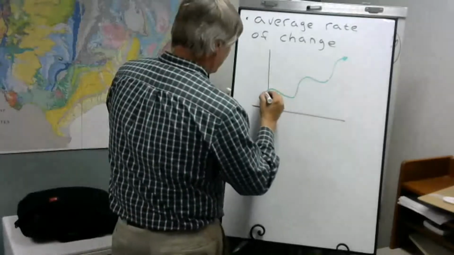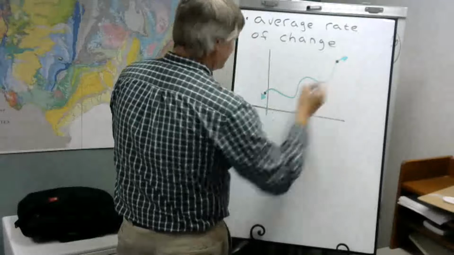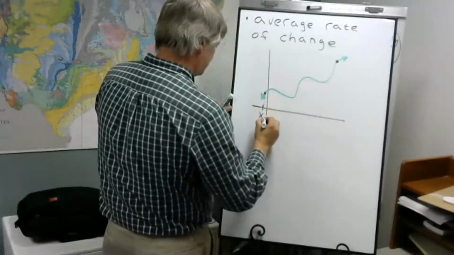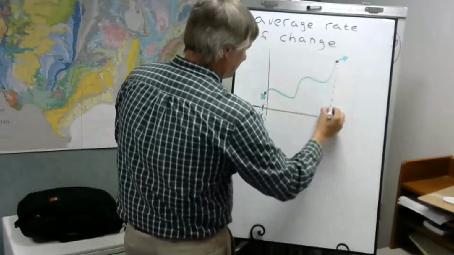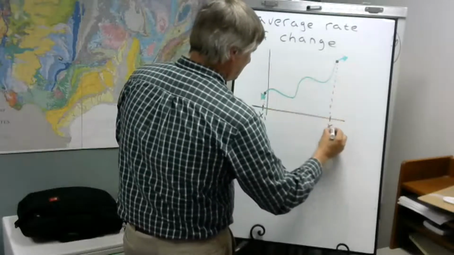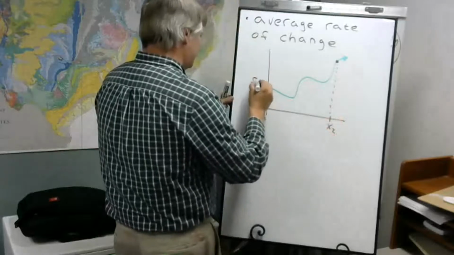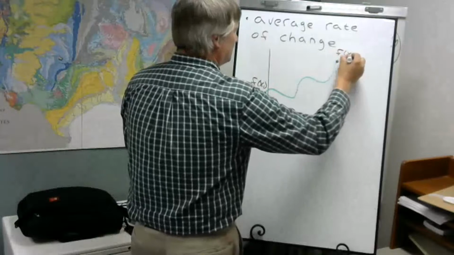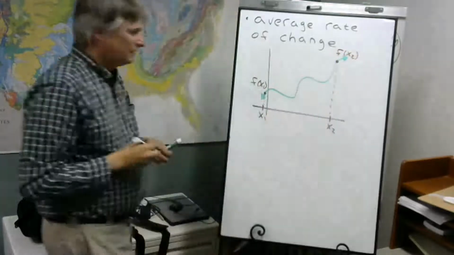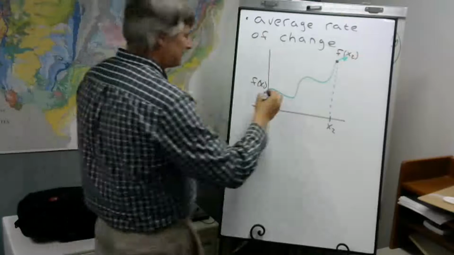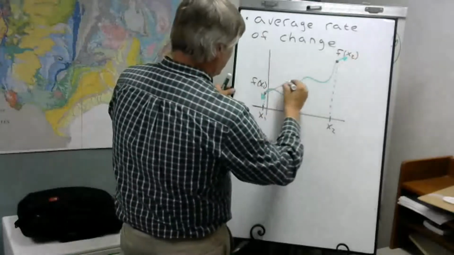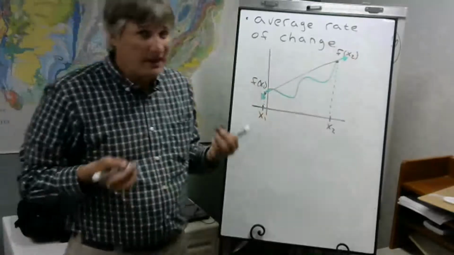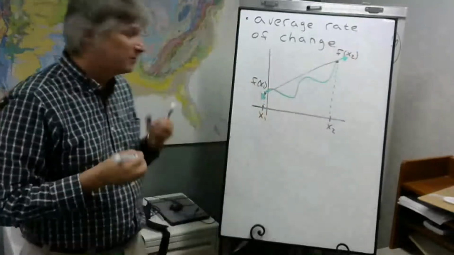Say we take a point here, and say this is at x1, and this is at x2, and this would be f of x1, this would be f of x2. The line going through here would look like this. And that's kind of an average approximation of this curve, for better or worse.